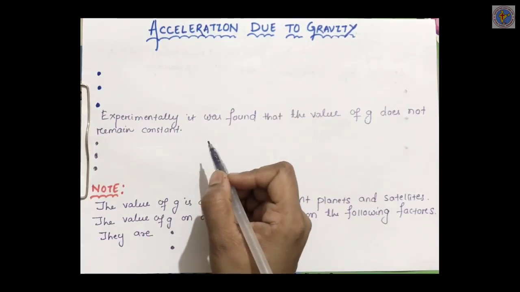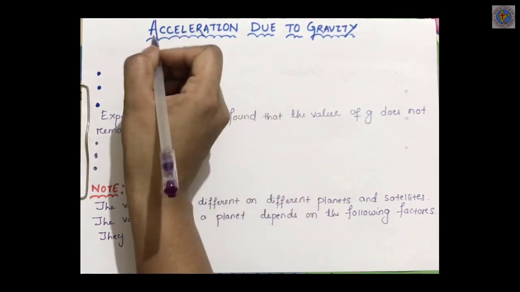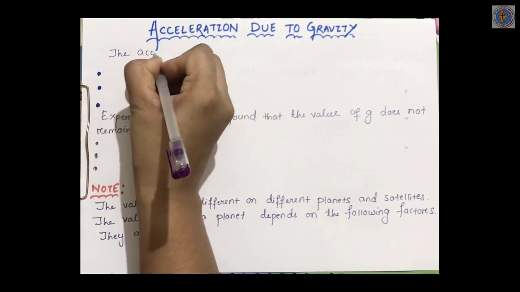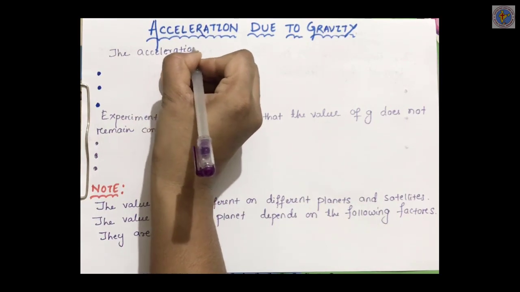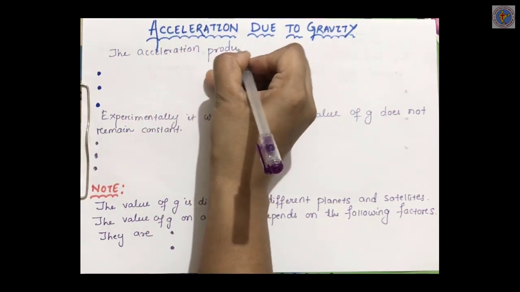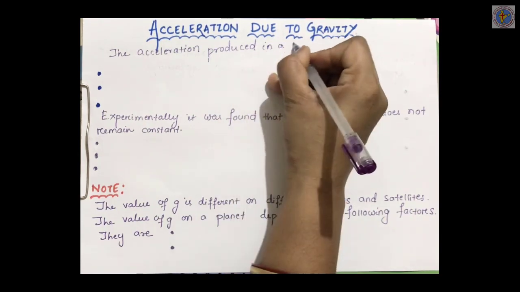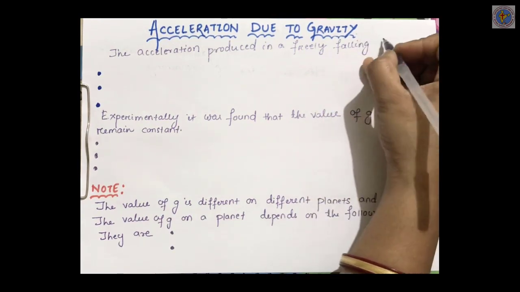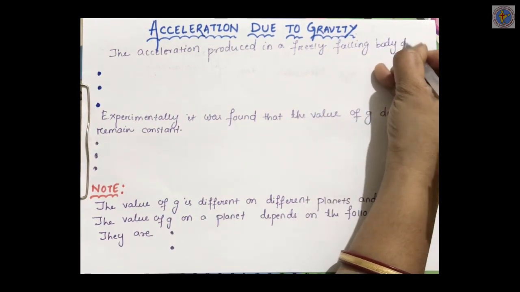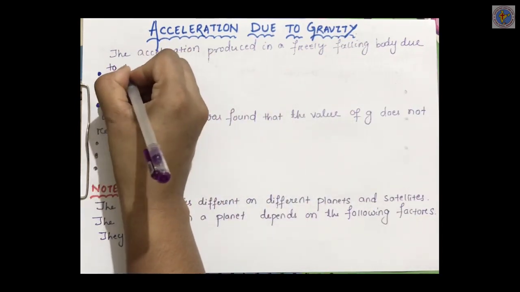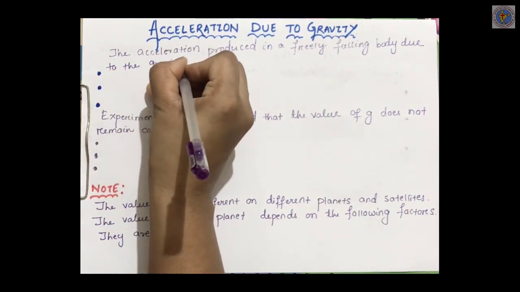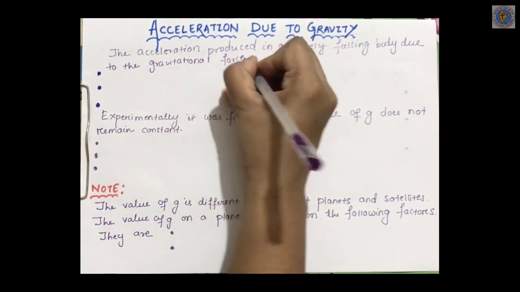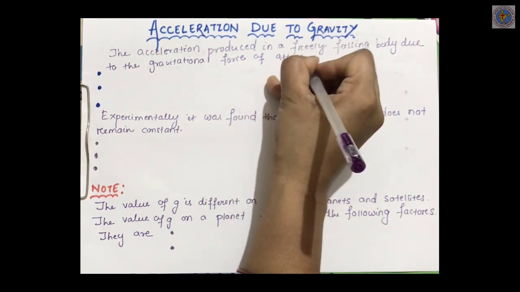So how can we define acceleration due to gravity? Acceleration due to gravity can be defined as the acceleration produced in a freely falling body due to the gravitational force of attraction of the earth.